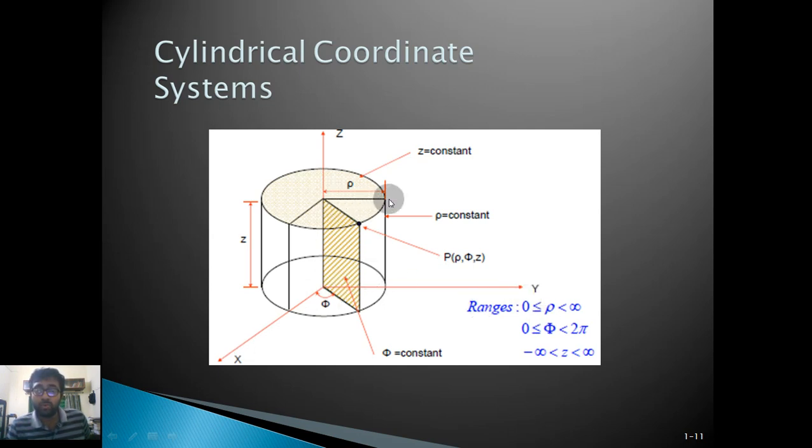The value of rho will be between 0 and infinity, because rho can't be negative. If we take the whole universe as a cylindrical space, then in the very middle of the cylindrical space there will be a z-axis, which lies along the center line of the cylinder.